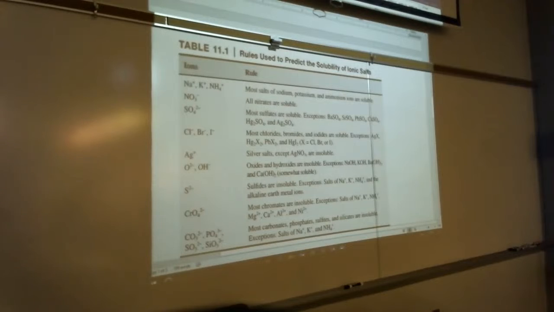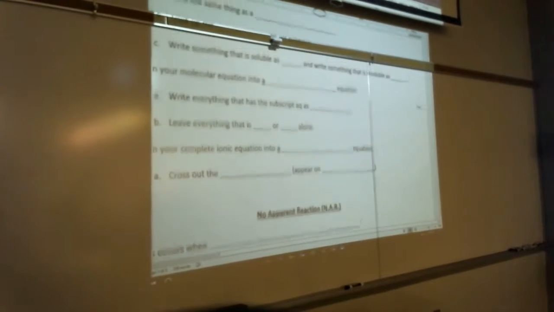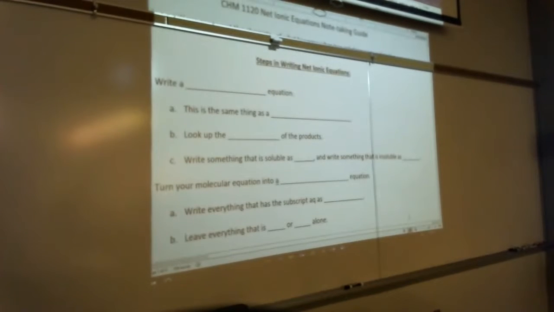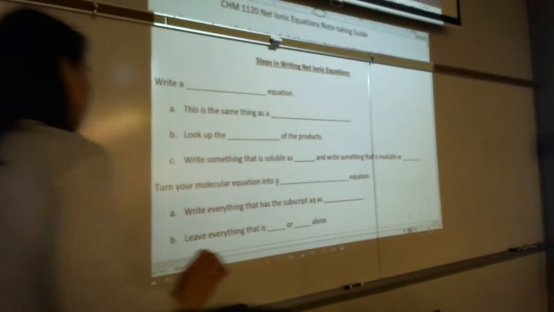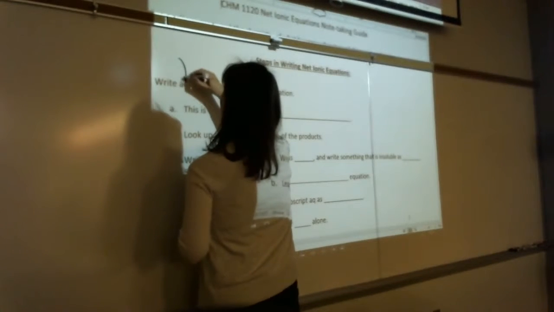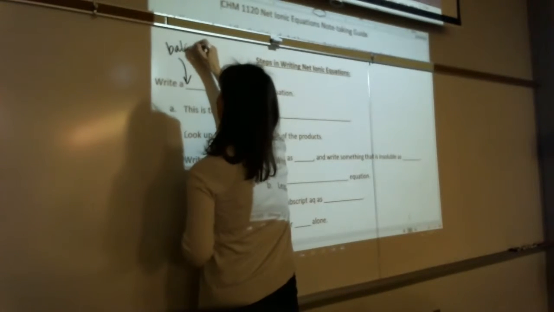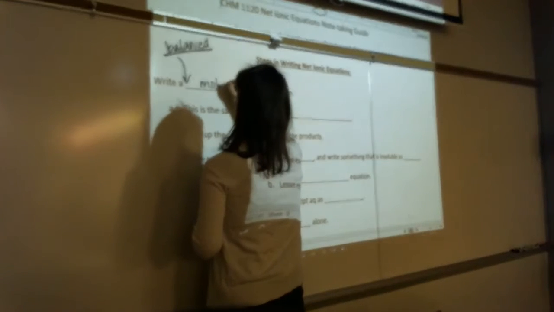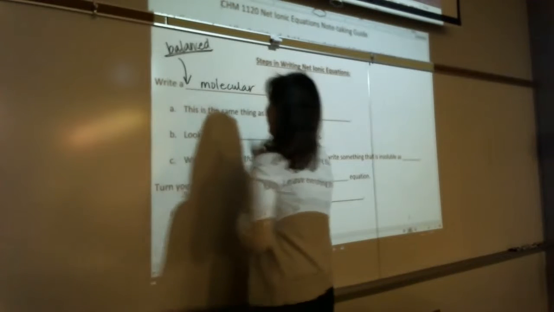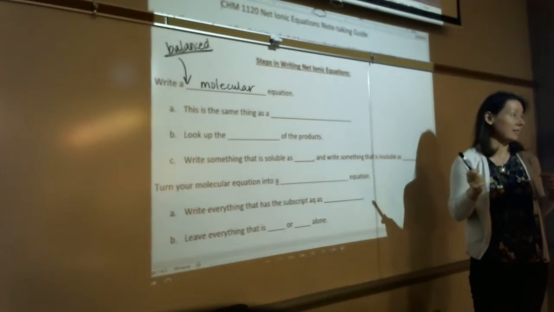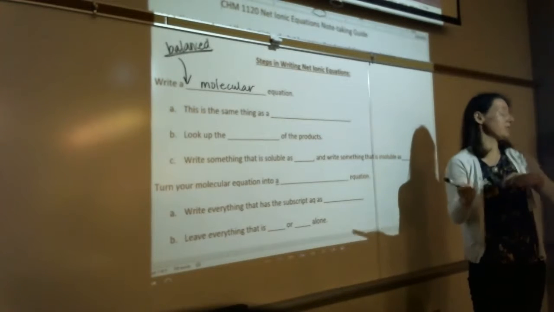You write your molecular equation, and I forgot to put this in the rules too. Add this word: balanced molecular equation. Okay, it's got to be balanced, because if it's not balanced in step one, step two comes from step one.